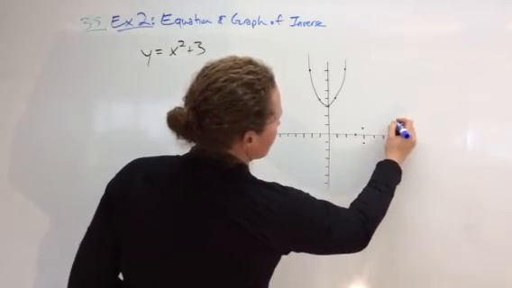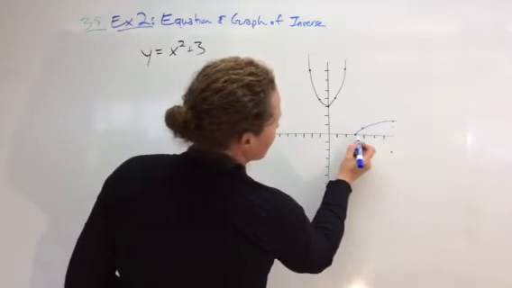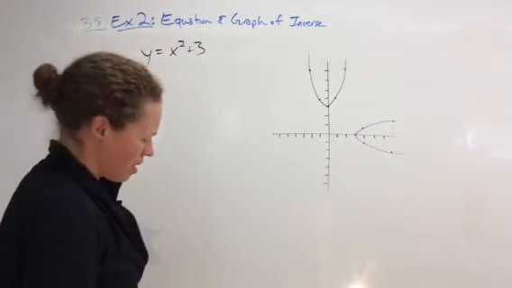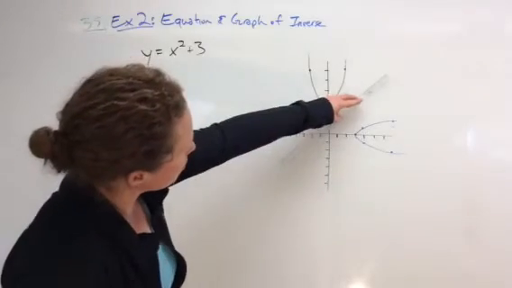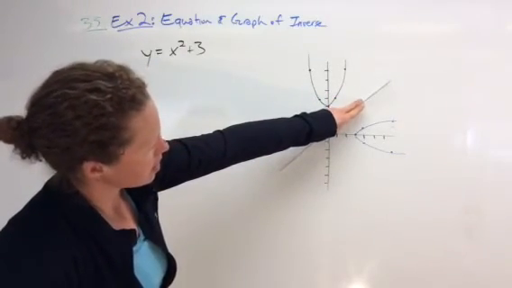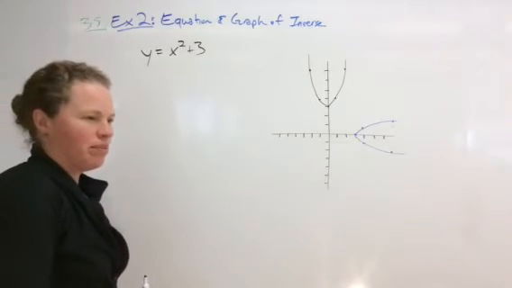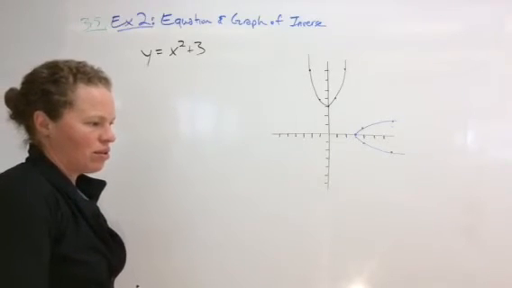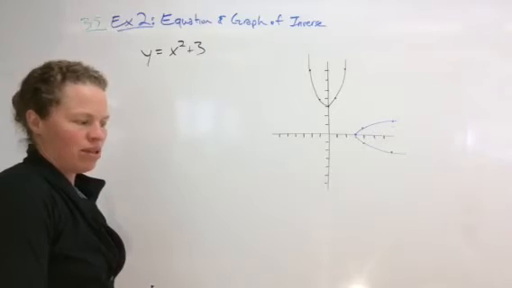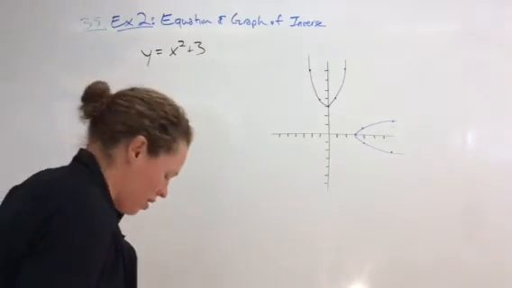So maybe we might put that a little farther out. So it's going to look like that. There. Flipped over the y equals x line. So it's actually easier to do it that way than to do what we're about to do. Dun, dun, dun. It's not that hard.